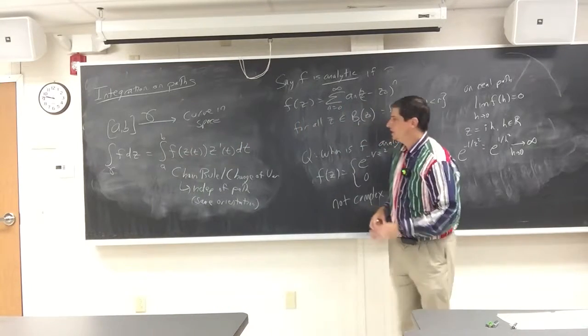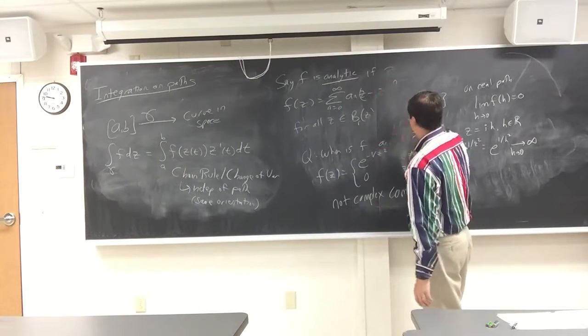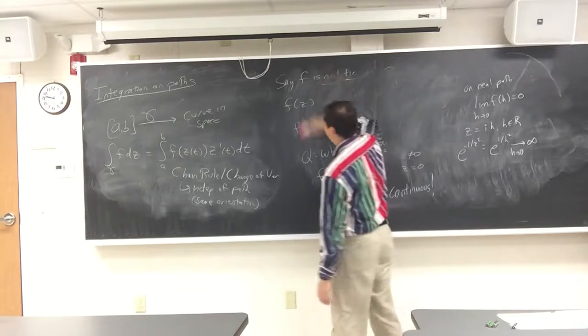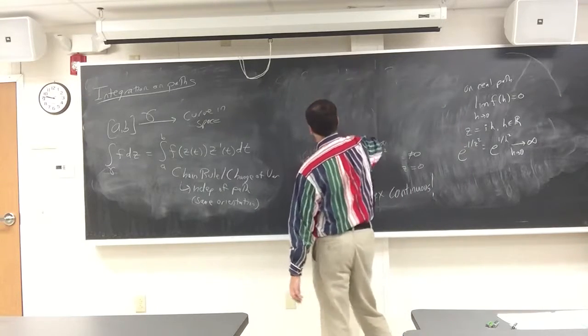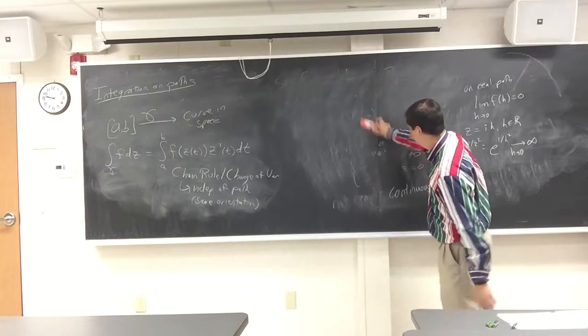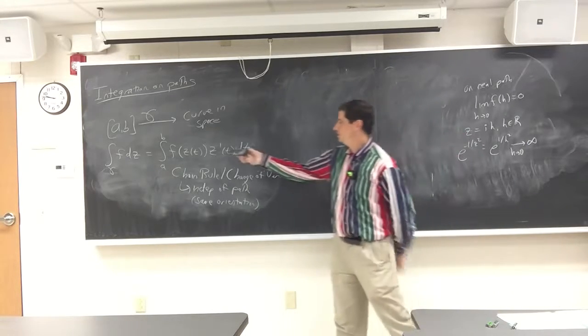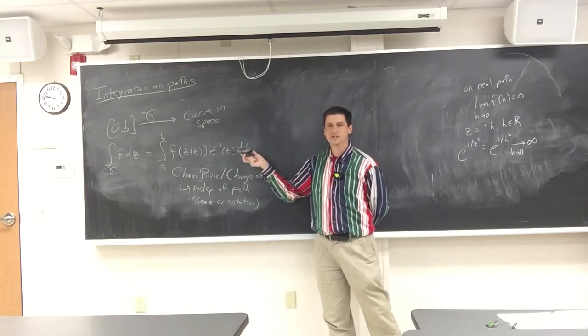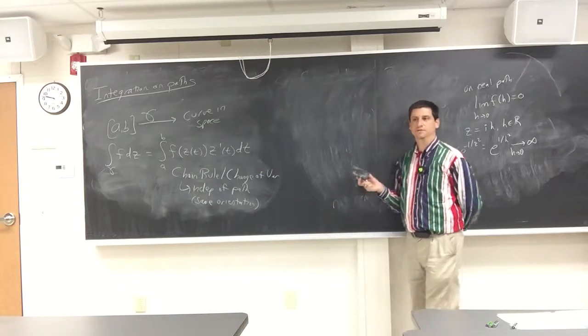And if you want, you can think, since f is u plus iv, and z prime would be u prime plus iv prime, or I guess they would be different ones. You would have two components for f, two components for z. It's very similar to a dot product.